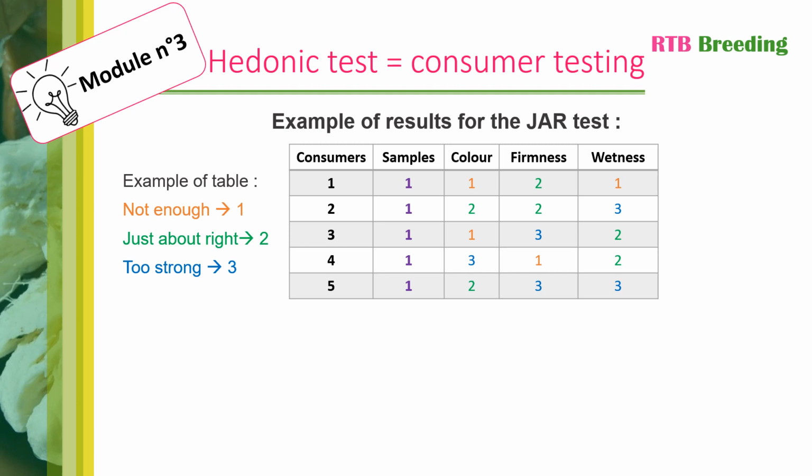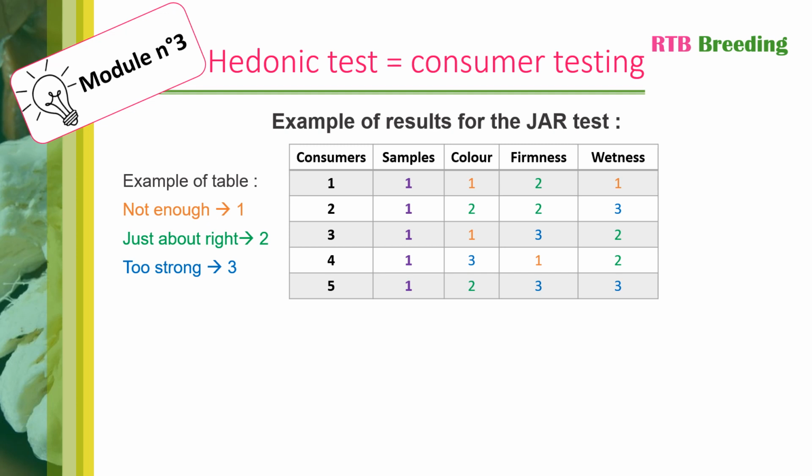Once all consumer responses have been entered into the table, it is possible to calculate the percentage of consumers who ticked not enough, just about right, or too much for each descriptor. Once this has been done for each sample, it's possible to create tables by descriptor.